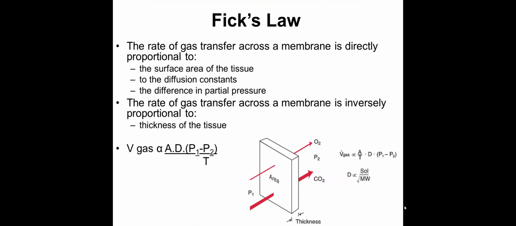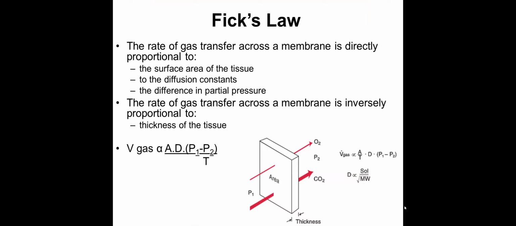Okay, now let's talk a little bit about diffusion and Fick's law. And just like you did for the other laws, I would like you to take this law and make it functional for yourself. So Fick's law states that the rate of gas transfer across a membrane is directly proportional to one, the surface area of the tissue, to the diffusion constants, which are calculated experimentally, and the difference in partial pressure.